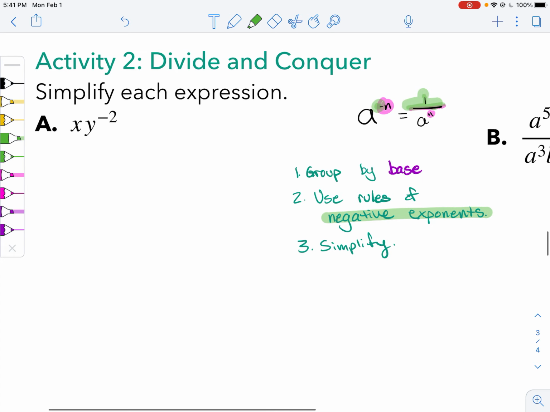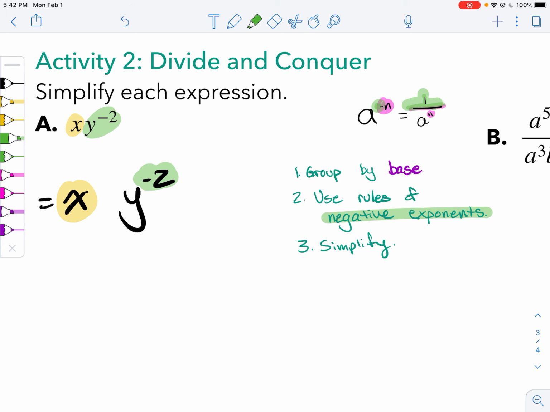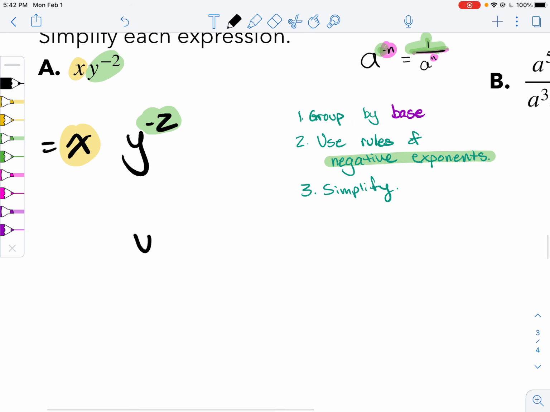Okay, what's wrong with this? Well, first, he's got a negative exponent, and we need to keep it positive. We can do this. Let's separate them into their bases. We'll look at our x's, and then we'll look at our y's. Well, x is great. We can't do anything more with that. But this y to the negative second power, we can redo that. Remember, y to the negative second power is the same thing as 1 over y to the second power, because this negative is like 1 over something.